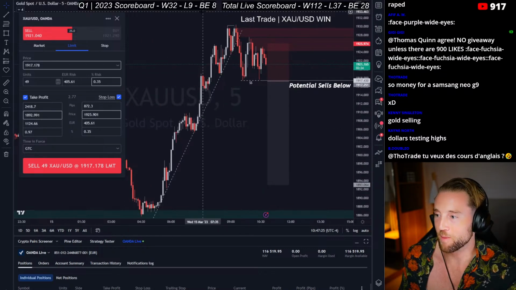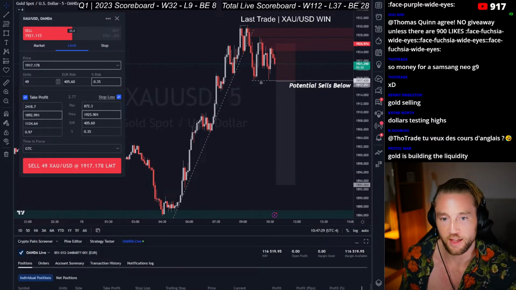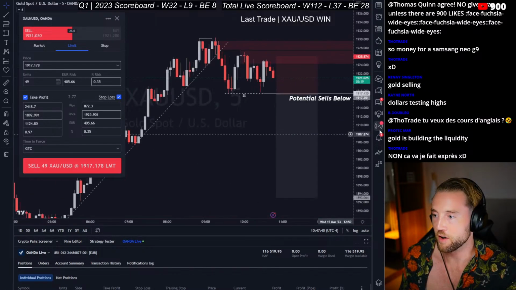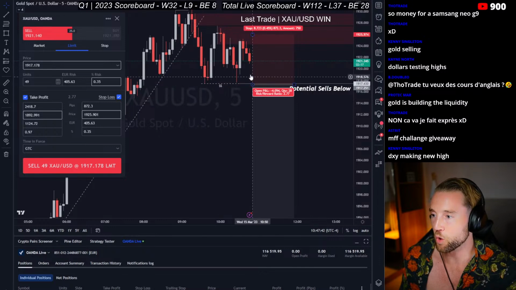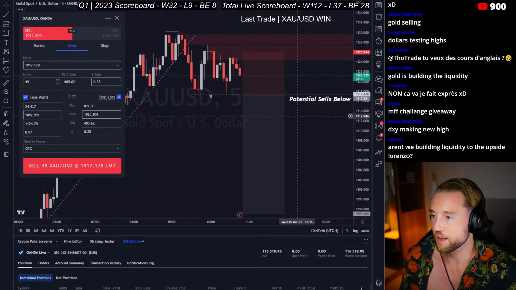At least that's what we want. Okay, there we go. Yeah, the gold is reacting right now. We have these equal lows underneath. That is definitely interesting.